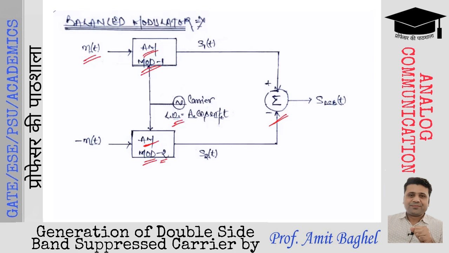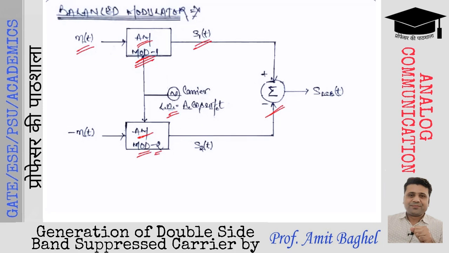So the output of standard AM modulator 1 is S1T, and if we observe the standard AM modulator 2, the inputs of the standard AM modulator 2 are minus of MT as well as CT, and the output of the standard AM modulator 2 is S of 2T.